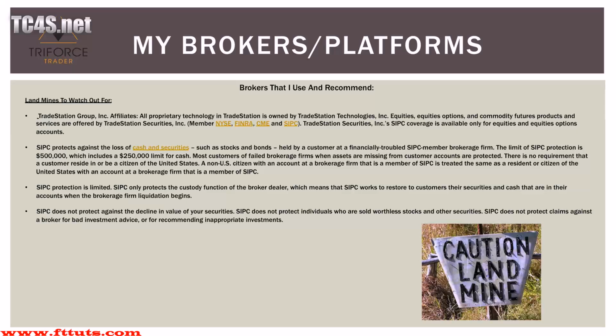All right, if it's just stocks, the New York Stock Exchange and FINRA. If they have futures, the CME Group, which used to be the Chicago Board of Trade. And you need to make sure that they're SIPC certified. I think I switched the letters before, but they're SIPC certified.